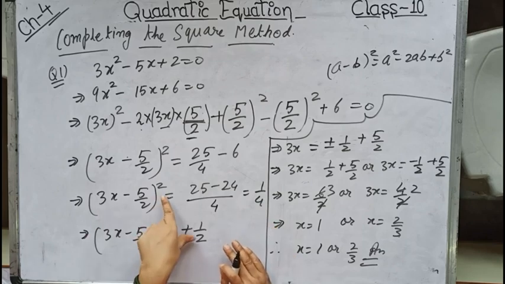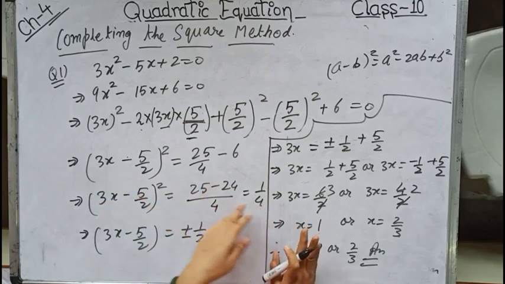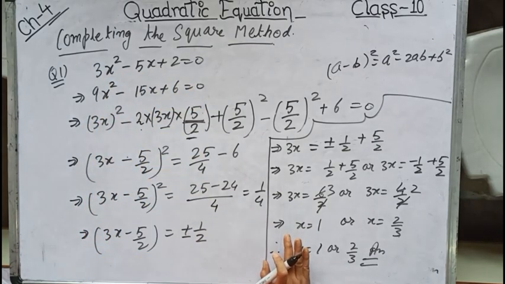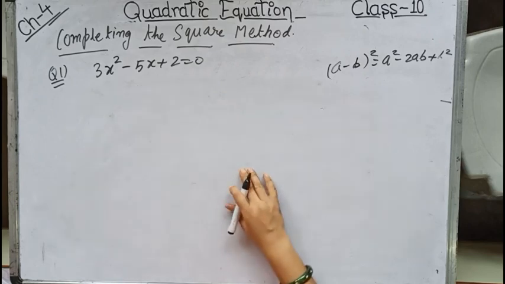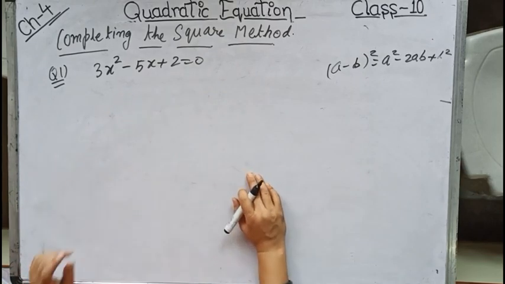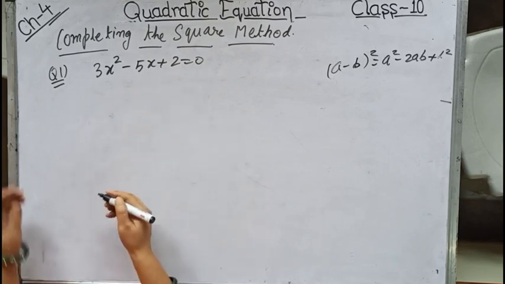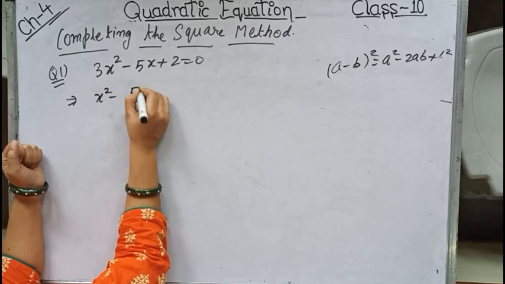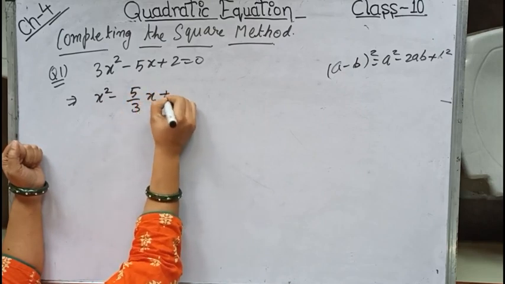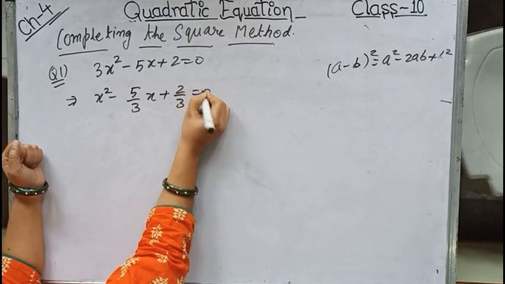Now this same question I am doing by the other method as well, in which I will be dividing each term by 3. So this implies x square minus 5 by 3x plus 2 by 3 equals 0.